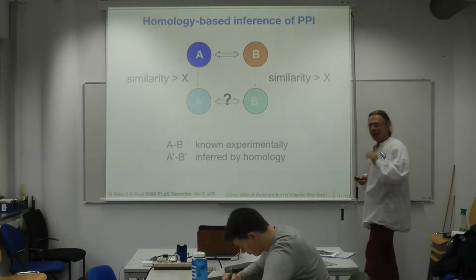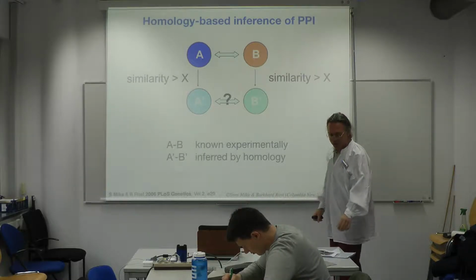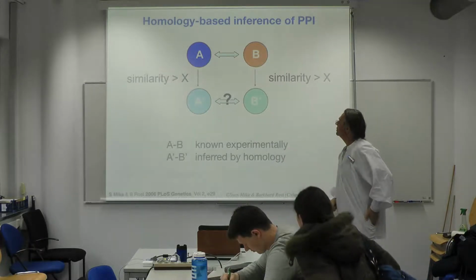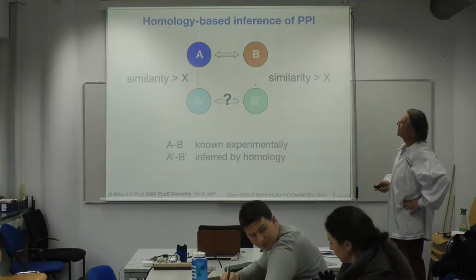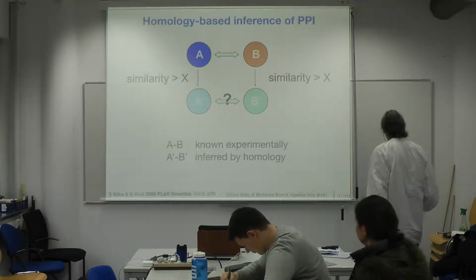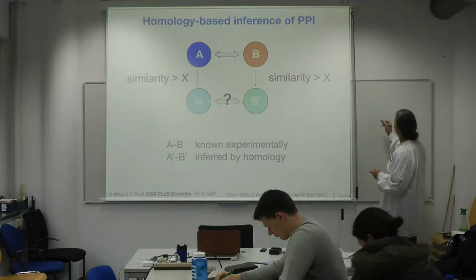So let's go back again to this issue of homology-based inference. In homology-based inference for protein interaction prediction, essentially we have these four proteins now. For all the other cases, such as enzymatic activity or localization, it was very simple.